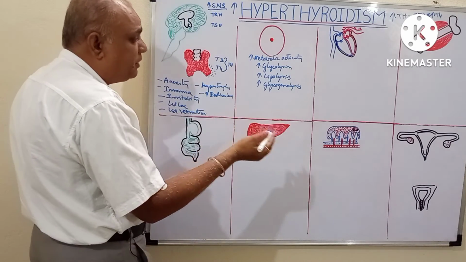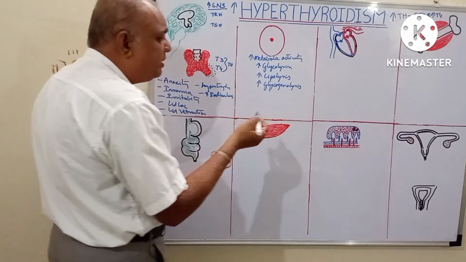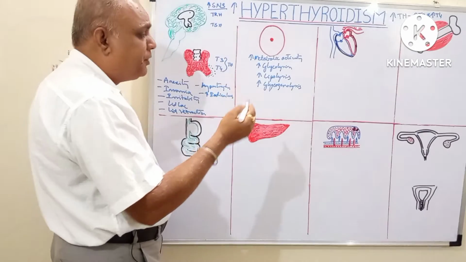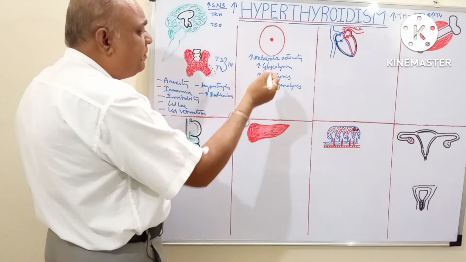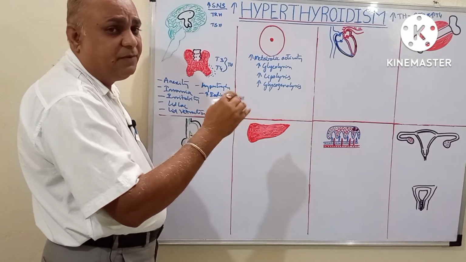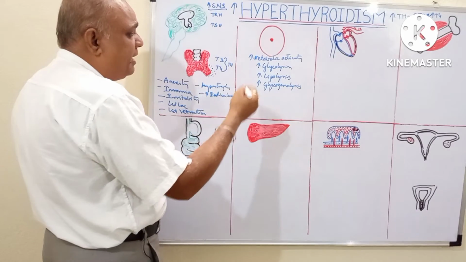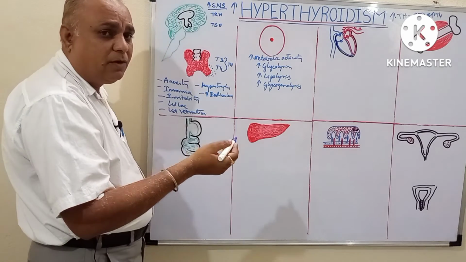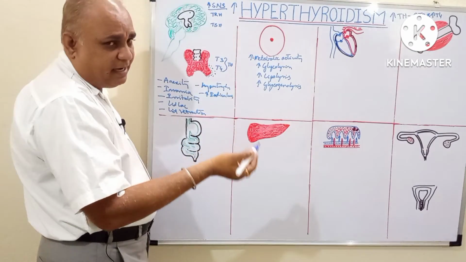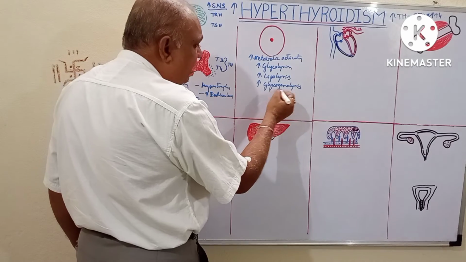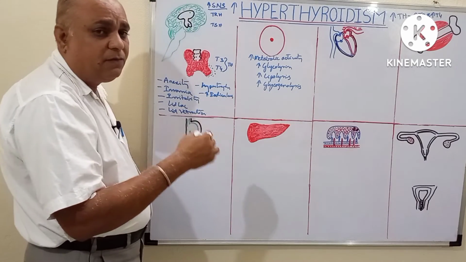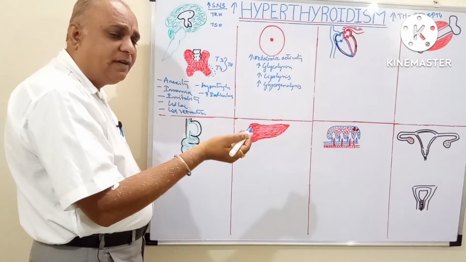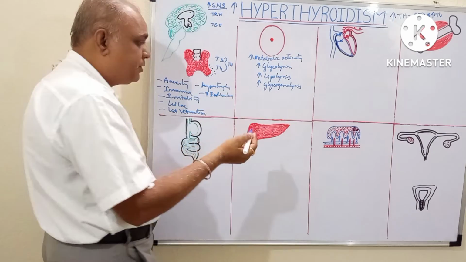where, as we know, glycolysis is a conversion of glucose into pyruvic acid, during which the free energy which is formed will be used for ATP formation, and lipolysis is a breakdown of glycerol and free fatty acids, as well as glycogenolysis is the breakdown of glycogen into glucose 1-phosphate and glucose.